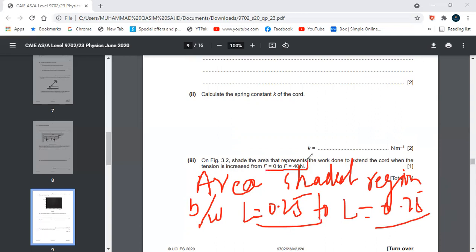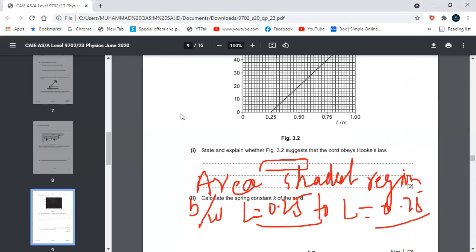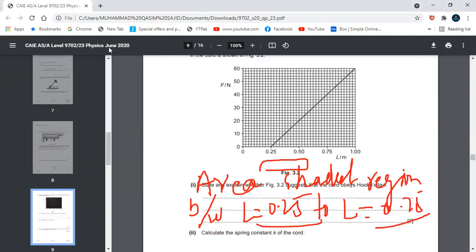The force is 0 to 40 Newton. From the graph, this is 0 and this is 40.